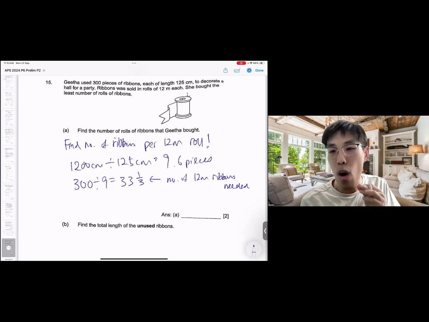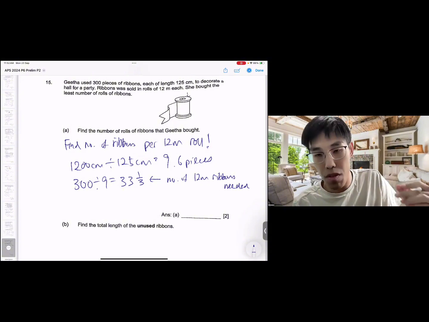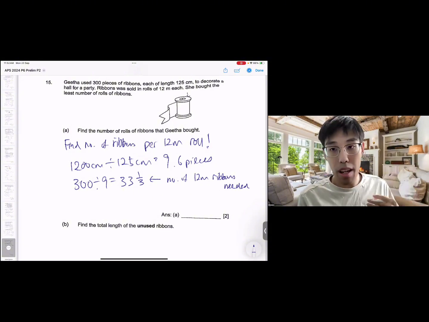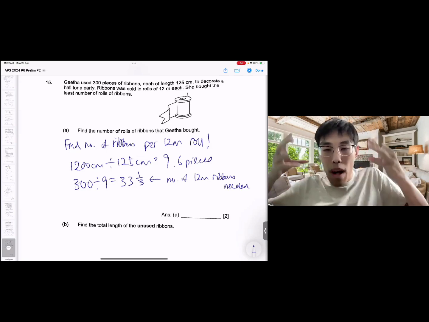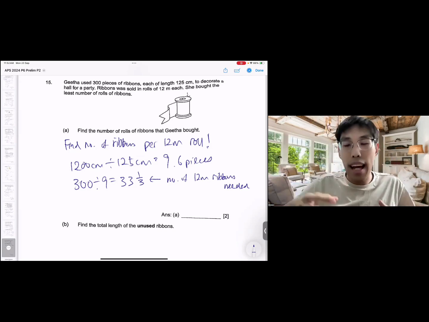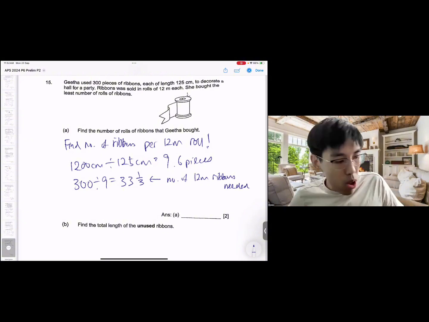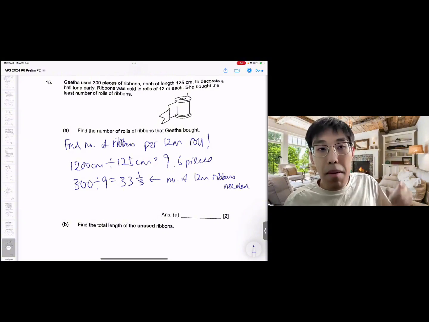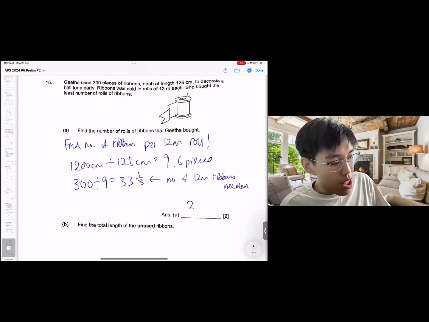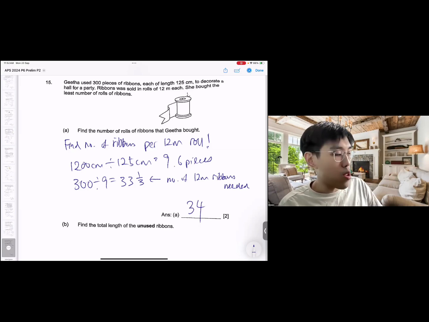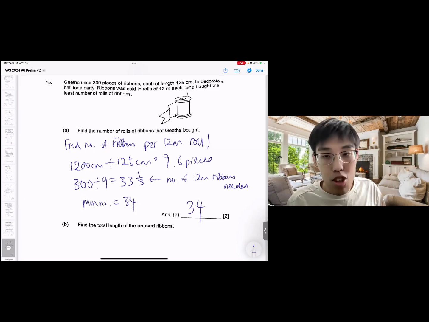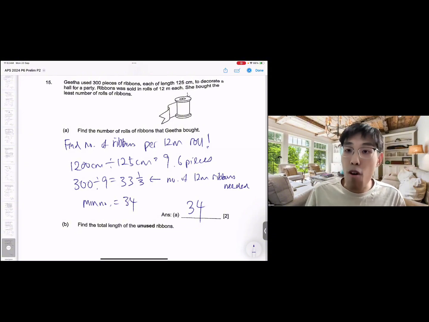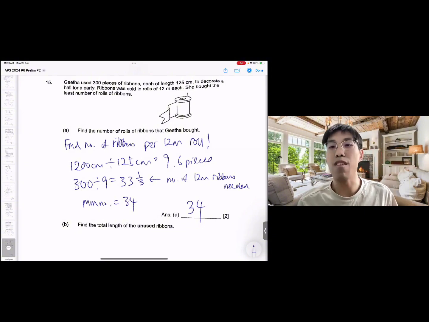Yes, I need an extra 1/3 of a 12-meter ribbon to fulfill my requirement of the 300 pieces. But I cannot just buy one ribbon and then buy 1/3 of it. So the minimum number of rows that you need to buy is 34, because I need to round up the 33 and 1/3.